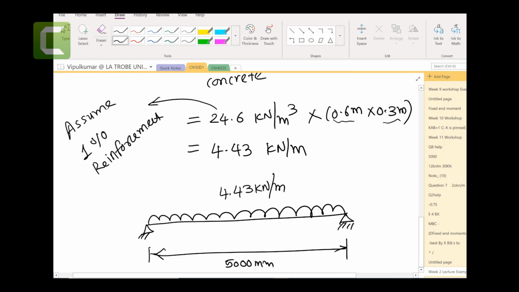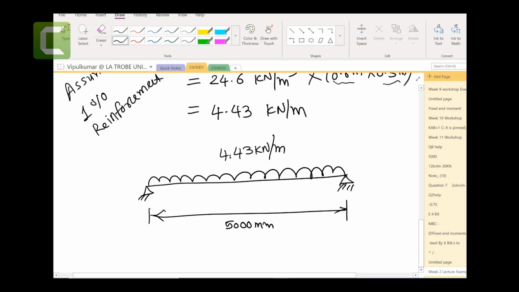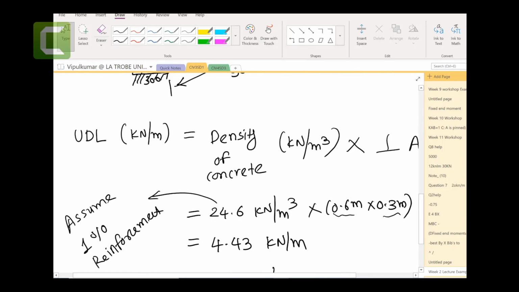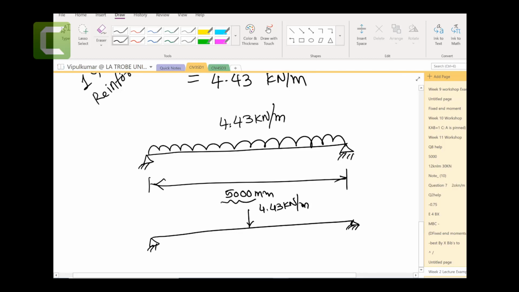That kind of UDL load makes sense. If you're getting a million answer, let's say I get 4 million kilonewton per meter somehow in the calculator, or some mistake, go back and check. That's what I always do: check the units and check that the numbers make sense, not just blindly follow. And if I want to calculate the point load out of it, I would just put the point load as 4.43 kilonewton per meter times these 5 meters.